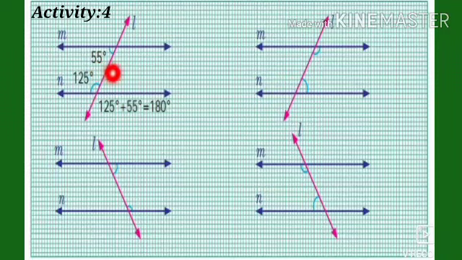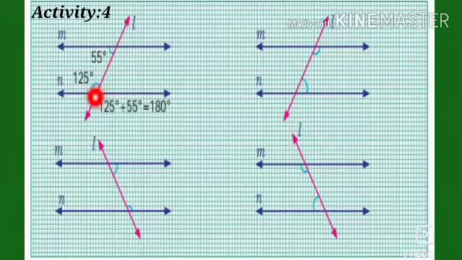Therefore x degree plus 55 degree is equal to 180 degree, which gives x degree as 180 minus 55, which is equal to 125 degree. So this angle measures 125 degree.